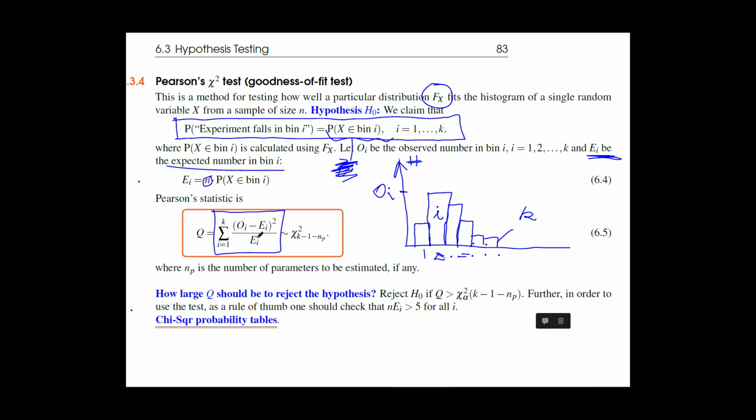And it turns out that this has the chi-square distribution with that many degrees of freedom. K minus 1 minus NP. NP is the number of parameters of your distribution to be estimated, right? So if your distribution f of x right here has two parameters, as the normal distribution has, like mu and sigma squared, then NP is 2. If you're using the Poisson distribution, only one parameter, right?